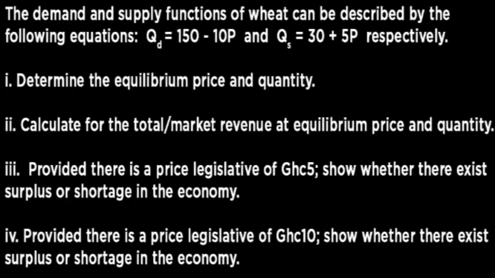Determine the equilibrium price and quantity. Calculate the total revenue at the market clearing price and quantity, or calculate the market revenue at the equilibrium price and quantity. It's the same thing, right?